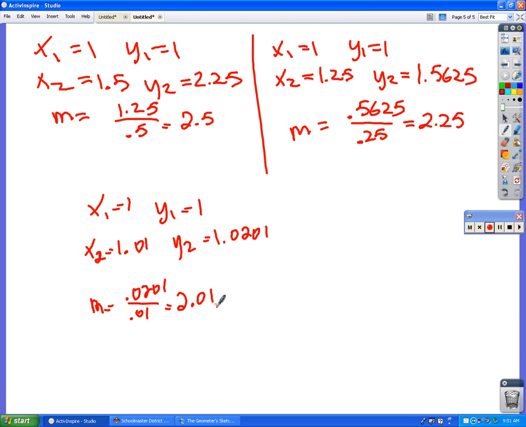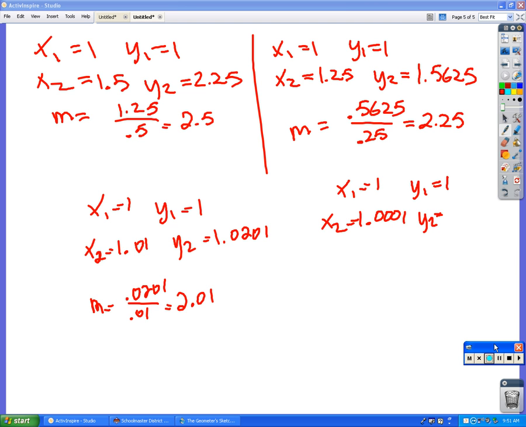And if we wanted to get really crazy, because you have calculators and we could do it, let's go 1.0001. What's 1.0001 squared? Okay. And so if you figure out that slope, y2 minus y1 divided by x2 minus x1, you're going to get 2.0001 for that.